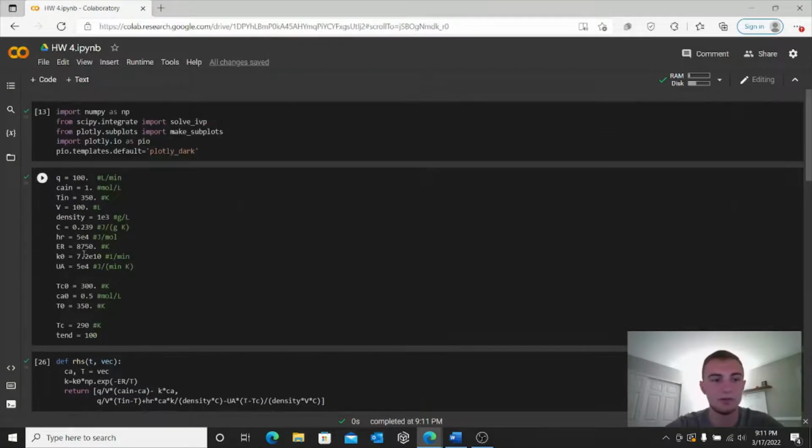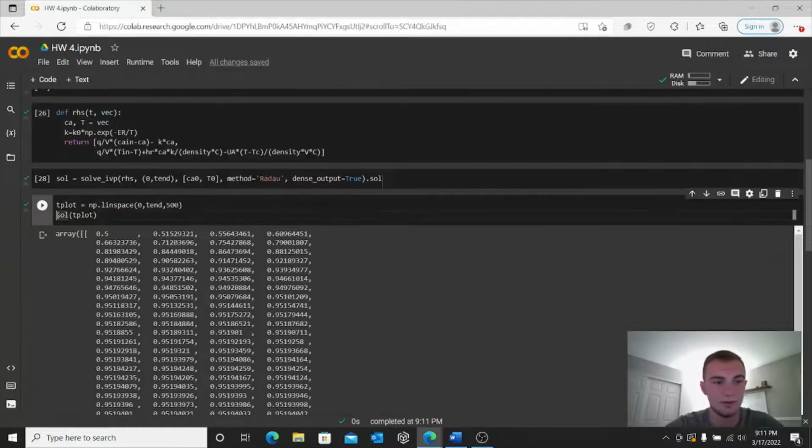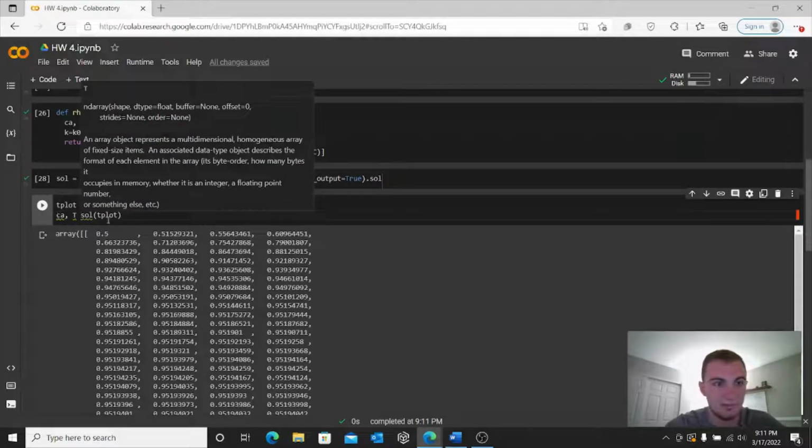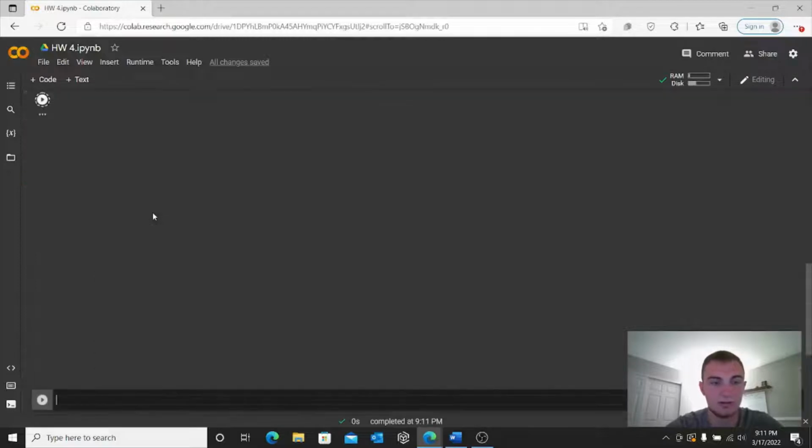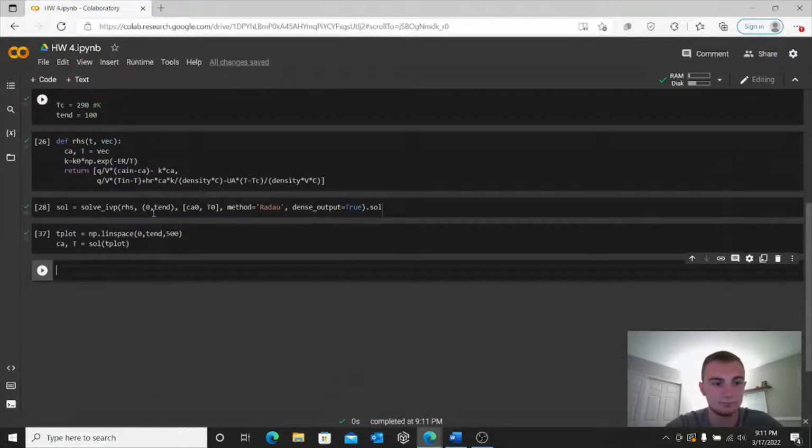So let's go ahead and unpack this so that we're not confusing the two when we make a plot for them. We'll set this equal to Ca and temperature of our contents. Okay, so unpack that. We'll press Shift Enter there.